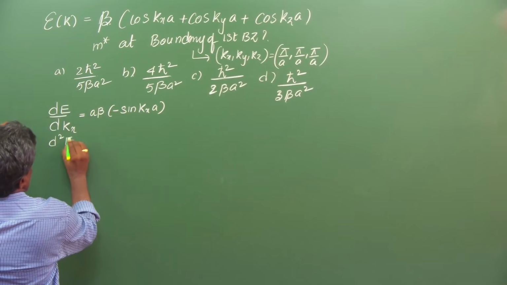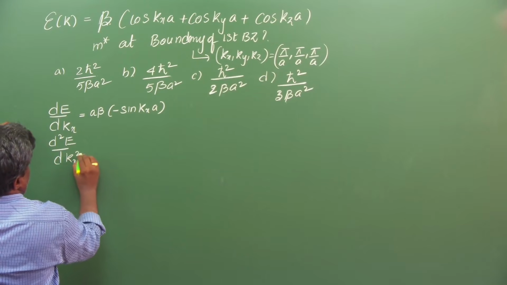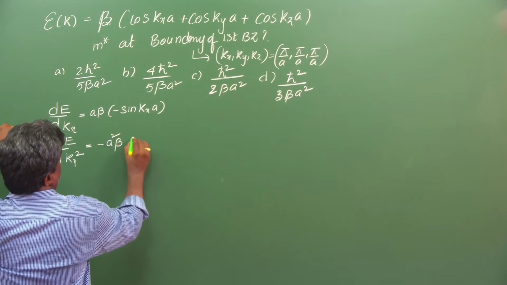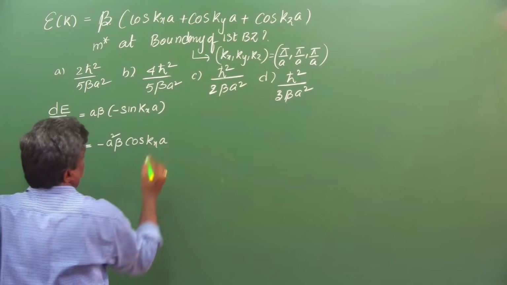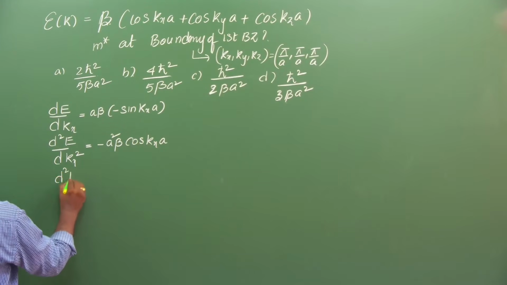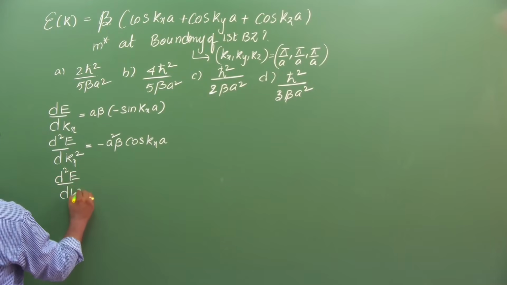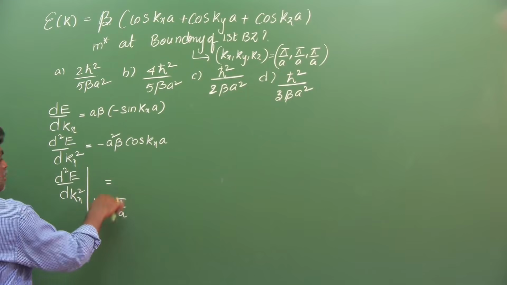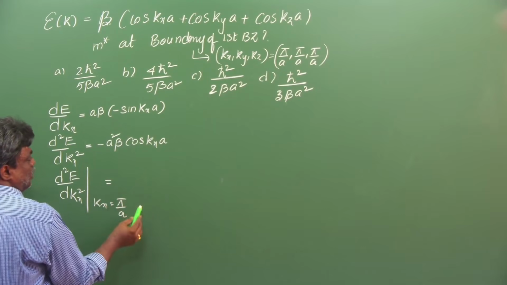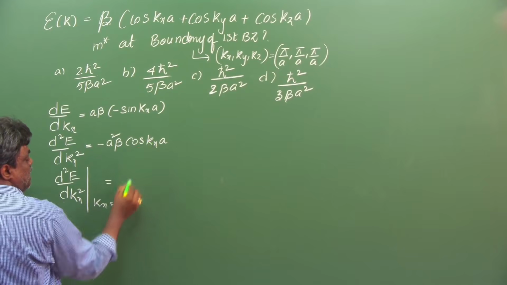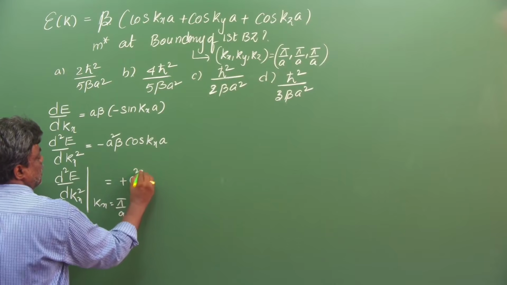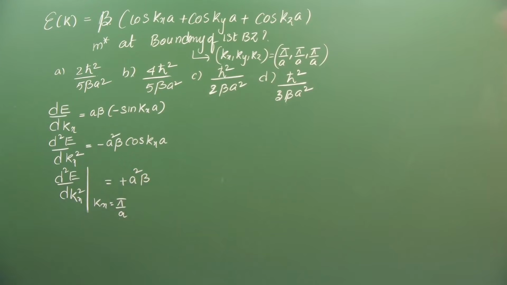One more time, similarly d square E by dkx square is minus a square beta cos kxa. Now I am finding it where kx is equal to plus or minus pi by a. Cos pi is minus, that's why finally plus a square beta. Same answer you will get for y and z.